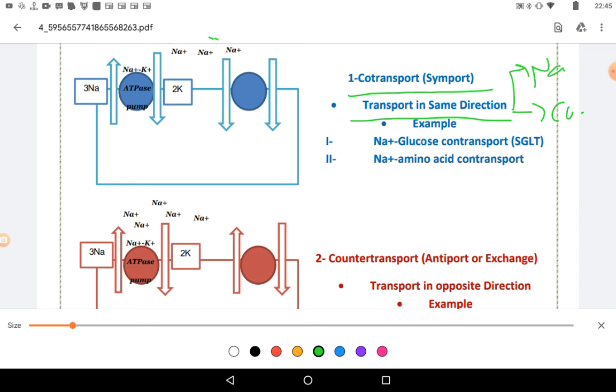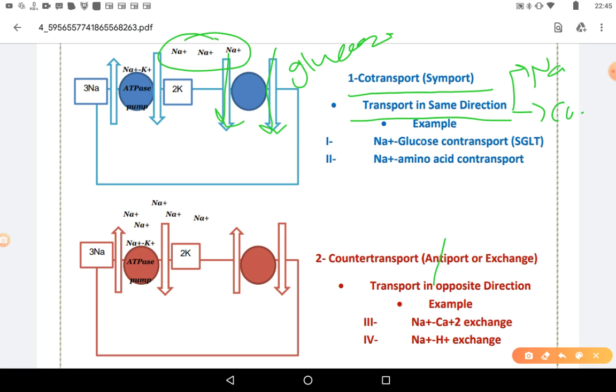This is the sodium. The coupled solute, for example, is the sodium glucose transporter, like SGLT. The glucose will go with the sodium in the same direction, called co-transport.